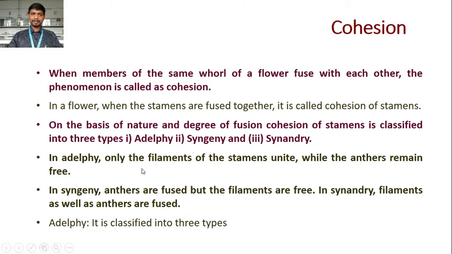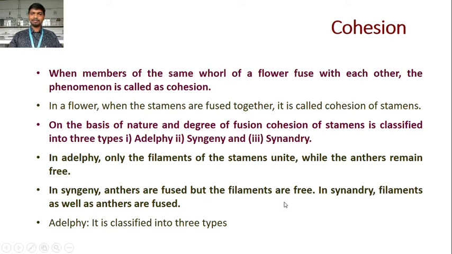So in adelphy, only the filaments of the stamens are united while the anthers remain free. In syngeny, anthers are fused but filaments are free. Anthers are united but the filaments are free. While in synandry, filaments as well as anthers are fused or united.